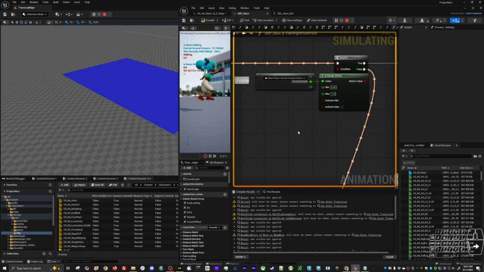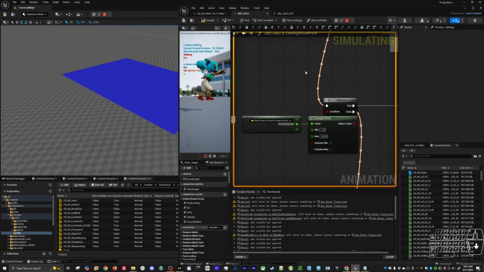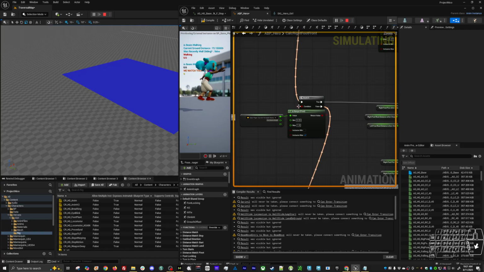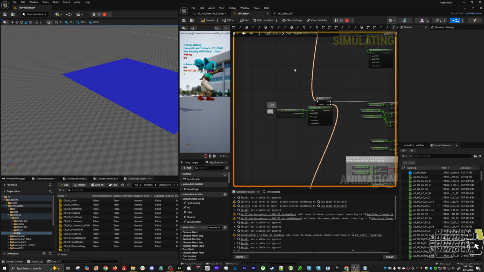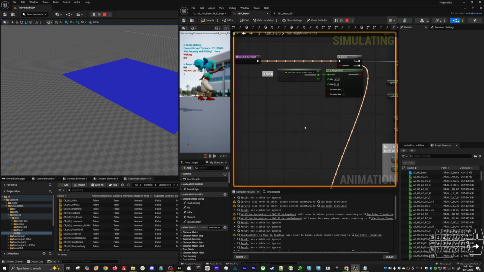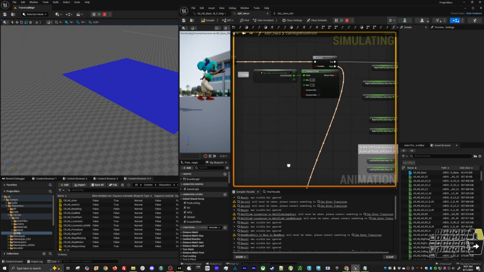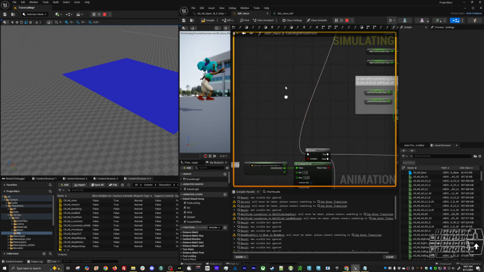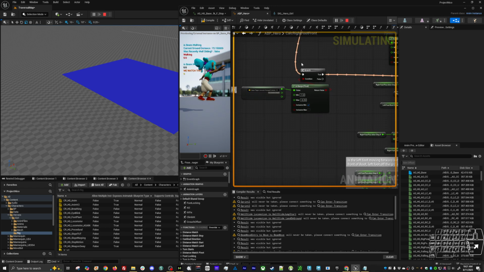So we're just checking our directions here based on our forward vector. Looks like I'm taking our forward vector and I'm saying if we're moving forward or backward, moving left or moving right.